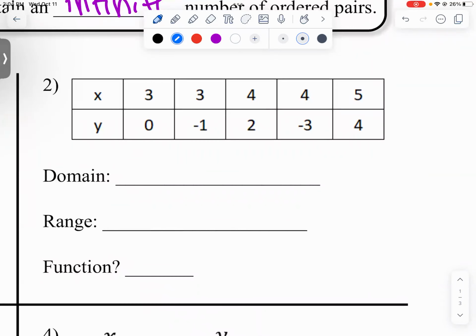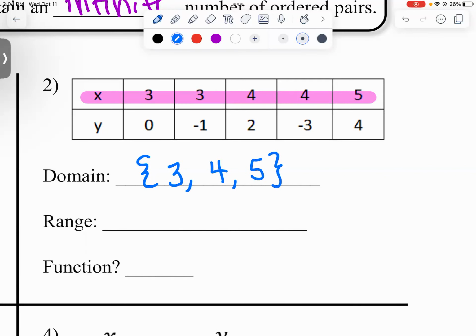Okay, so here in number 2, we are just writing down our domain, which is the inputs, and our range, which is the outputs. So for the domain, I'm going to look at my X's. What numbers do you see in the X? 3, 4, and 5.